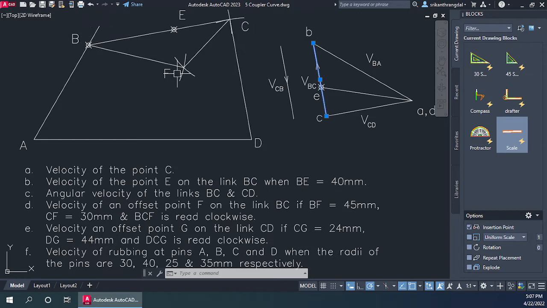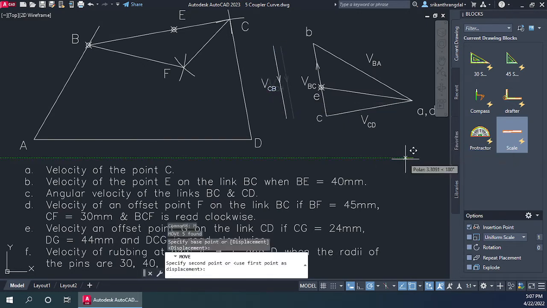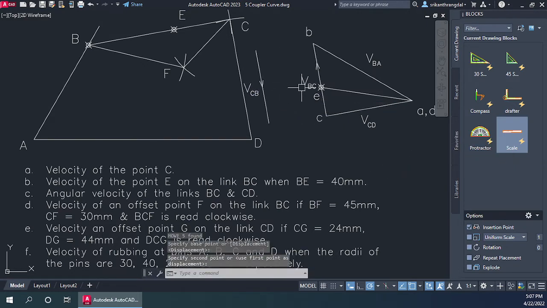So B, C, F, they appear in clockwise direction. So here as well, when you go from B to C, we have to go clockwise in order to get the last point F. So F is going to be somewhere outside of this triangle. So I'm just going to move this aside a little to make space here, and we need to just build the same diagram over here.